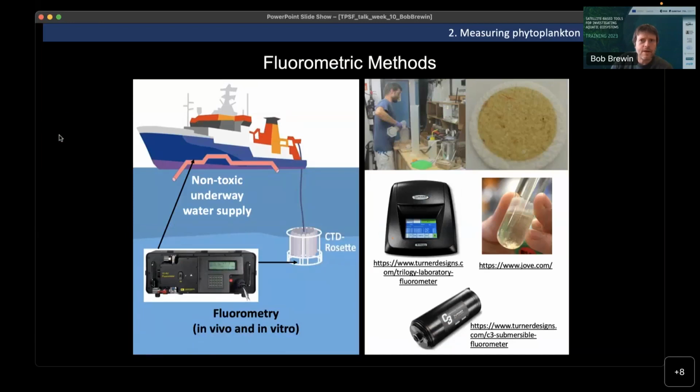Okay, so how do we measure chlorophyll A concentration in the sea? Well, there are a number of ways of doing this. Often it requires going out into the ocean and collecting water.